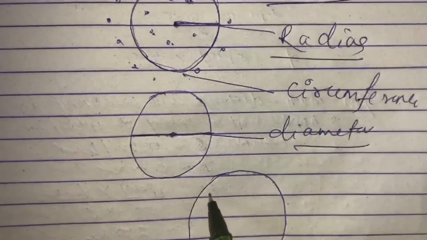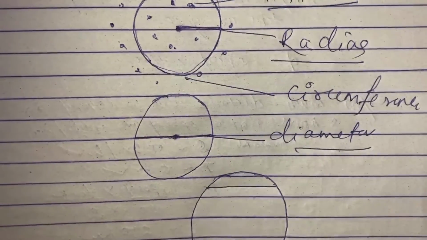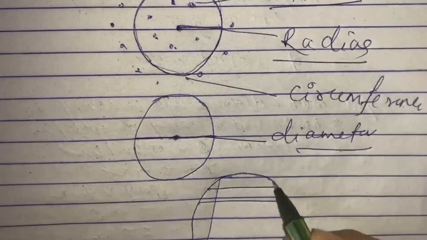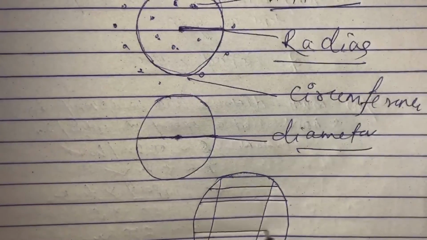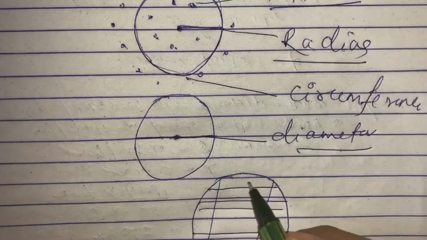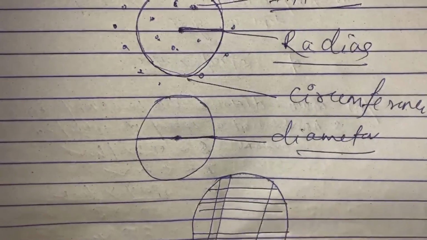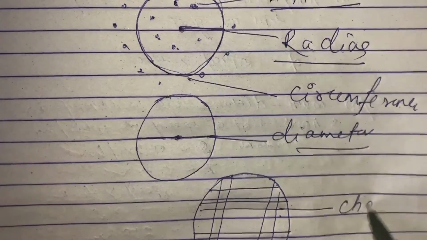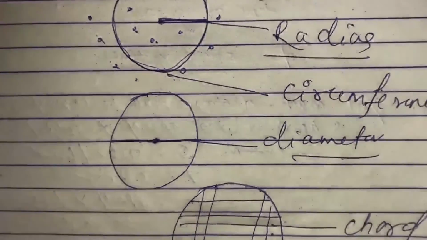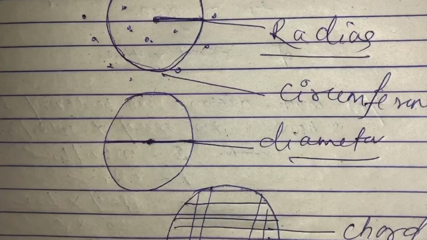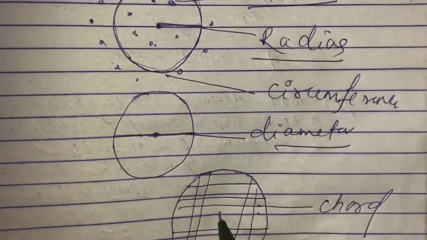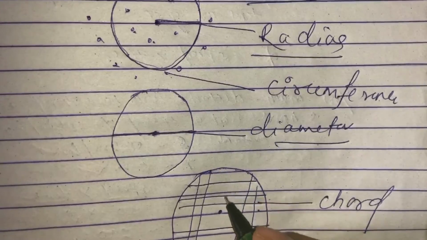And if I draw so many lines here, not in the middle, remember, not in the middle, all these lines are known as chords. But a chord will not pass through the middle.